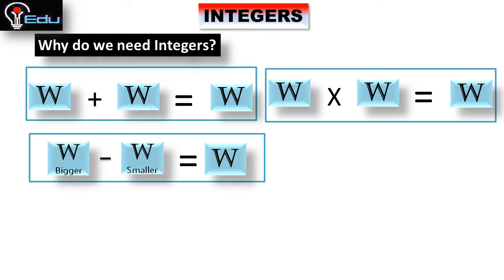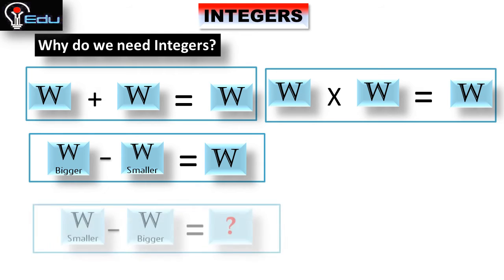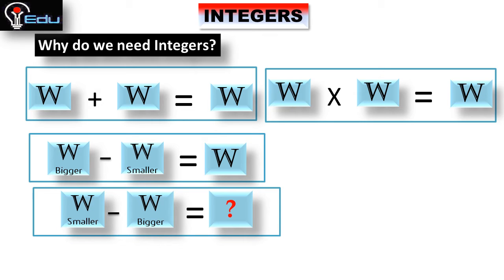The result is also a whole number. But in case of the reverse, that is smaller number to bigger number, we will get a negative number, but a negative number is not included in the set of whole numbers. So here we require a negative number.